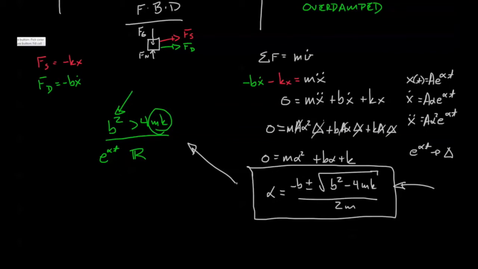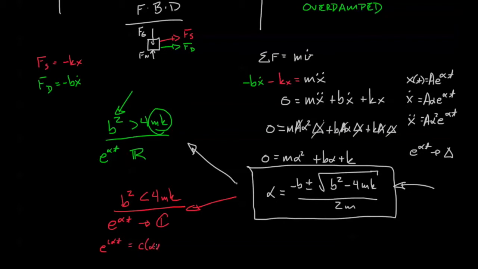The next one I want to look at is what happens if this term is complex. In that case, b squared is less than 4mk. Now our e to the alpha t is going to be a complex exponent, which, as a quick reminder, e to the i alpha t equals cosine alpha t plus i sine alpha t from Euler.